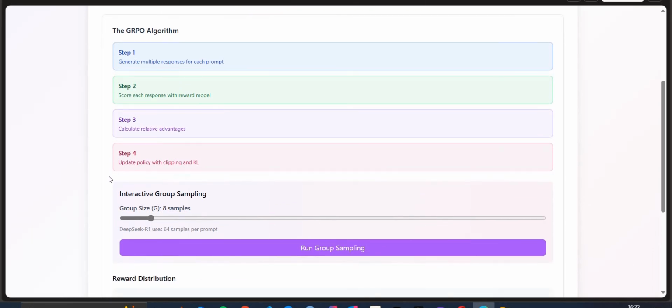And finally, step 4 is a policy update. Here we use those advantages to adjust the model's parameters, and the update is clipped, meaning we limit how far the model can move in one step to keep training stable. There is also a KL term which measures how much the updated model deviates from the previous version, preventing it from drifting too far.